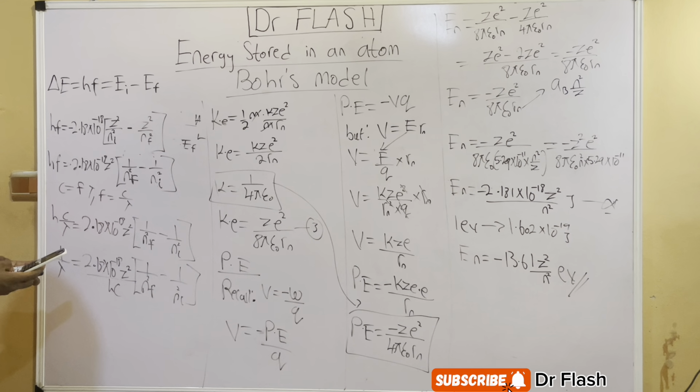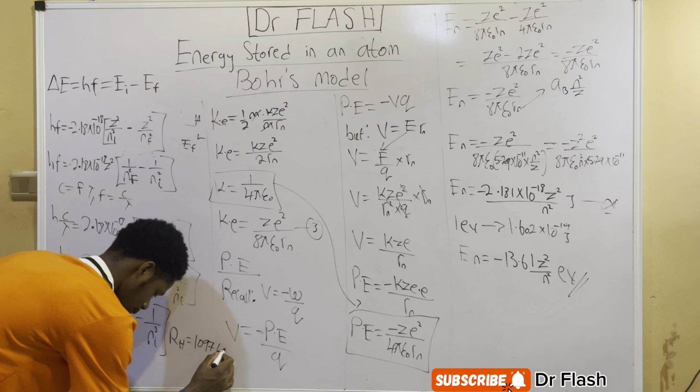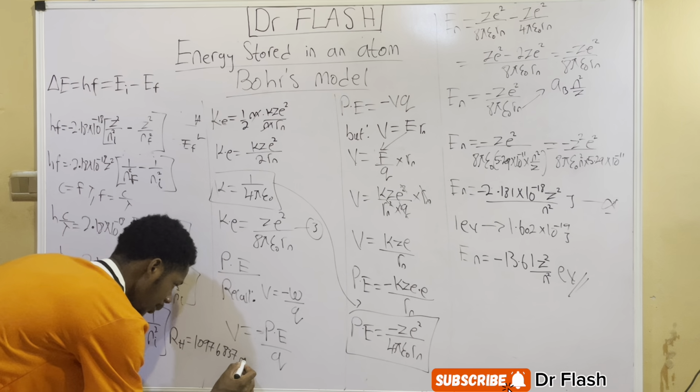Now we are getting a value, and that value is 1 divided by lambda, and it is equal to this value, which I'm going to call the Rydberg's number. This is how it is represented, in brackets 1 over nf squared minus 1 over ni squared, where RH is equal to 10976837 per meter.